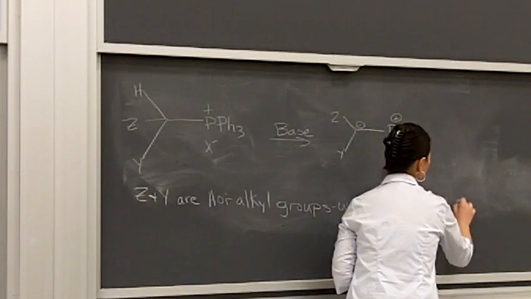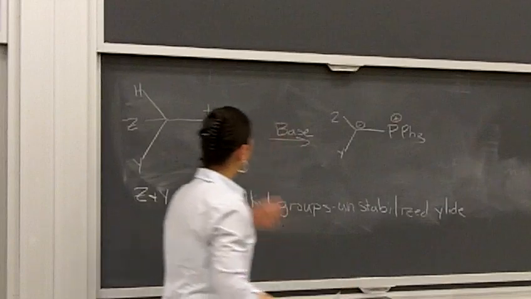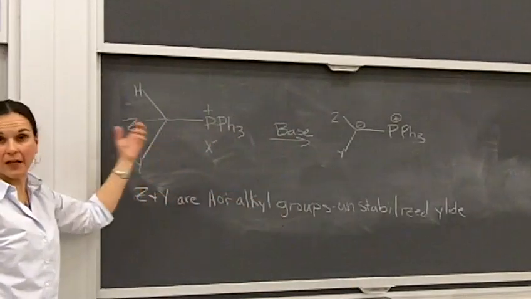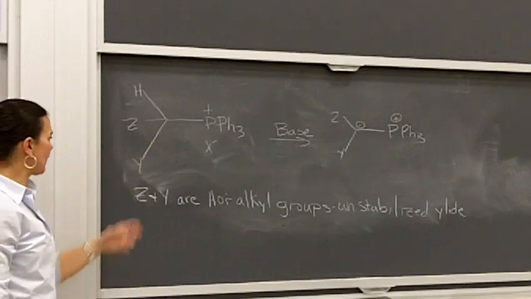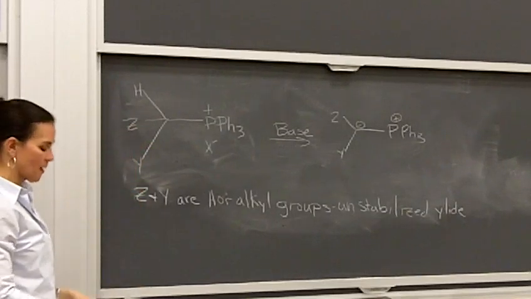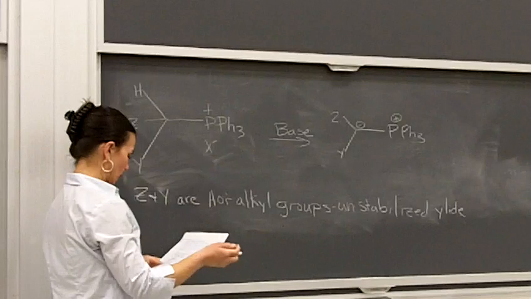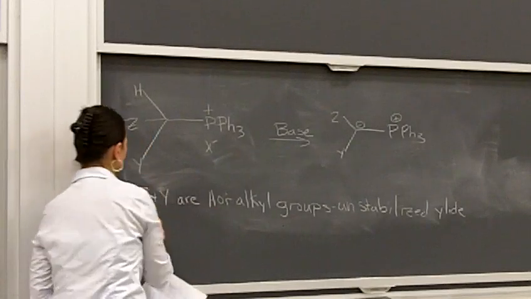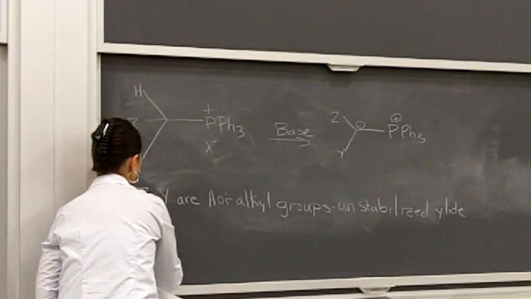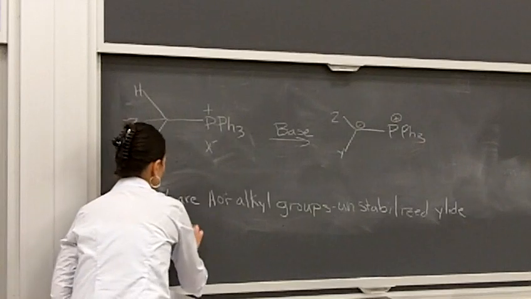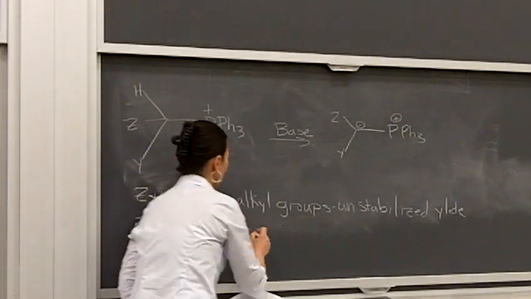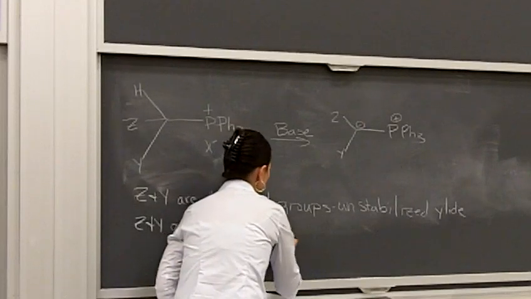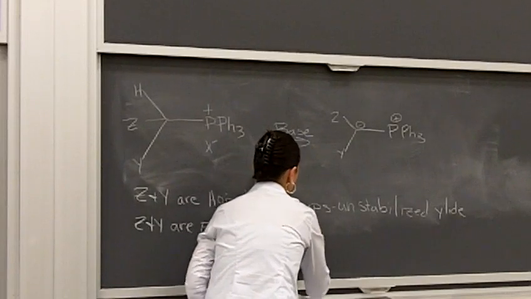And so what you have to do in that case is you would have to make the ylid and use it right away because it's not going to hang out for very long. But if you make these groups something else, especially if you get these two groups to be electron withdrawing, then you can get what is called a stabilized ylid.